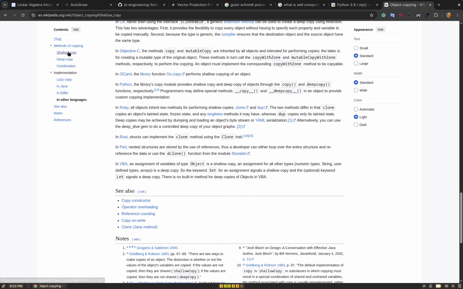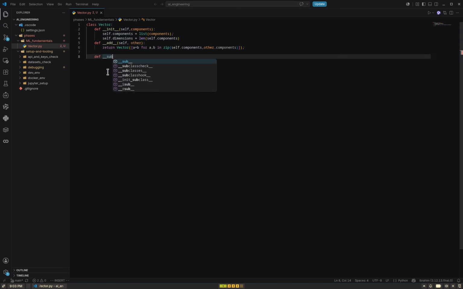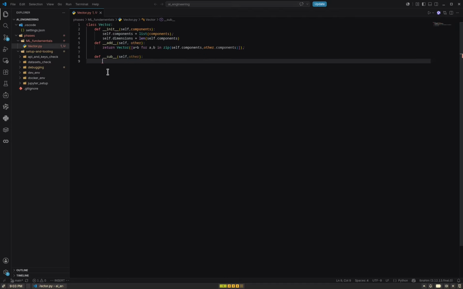Okay, so I understand. Let's complete this. Self, other, return a vector, A minus B for A, B in zip self dot components and other dot components.